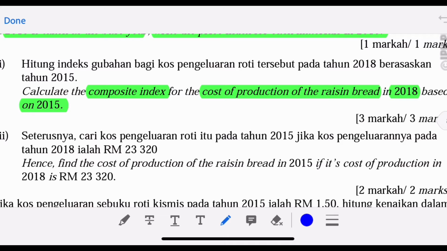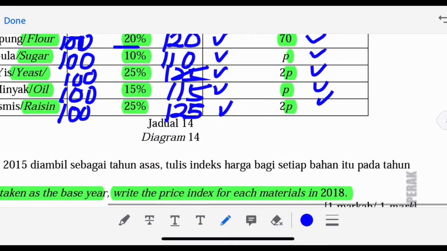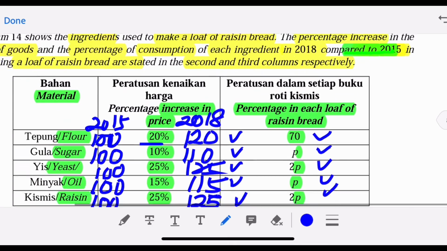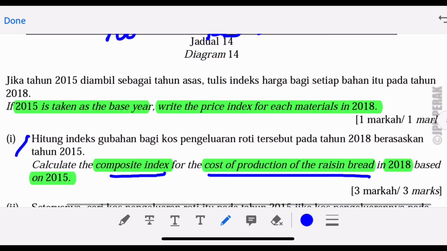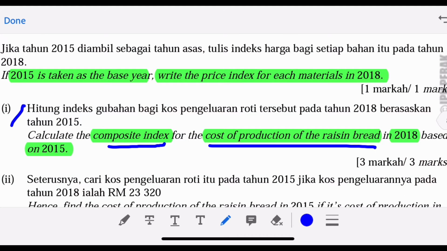Okay, for the number 1, we have calculated the price index for the cost of production of the raisin bread. Let's calculate now. So we will consider the value of P given, based on year 2015.